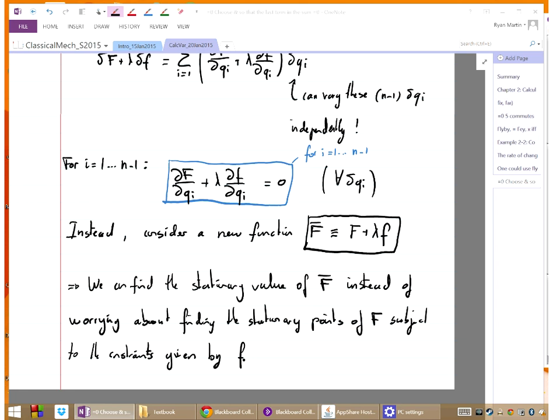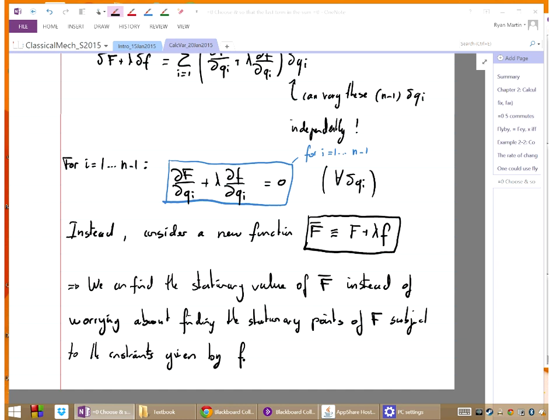So the question is now, you have n variables, so presumably this point in space, where F is stationary, you need to find its n coordinates. And from this method of finding the stationary points of F bar, you're going to get n equations, right? You're going to get a ∂F bar/∂qi for each of the n qi.